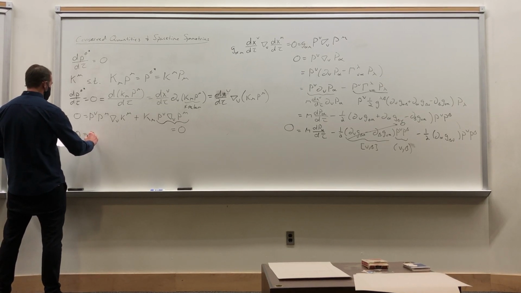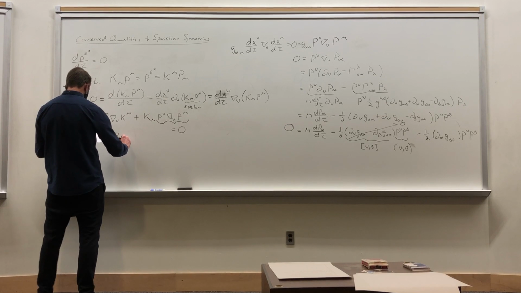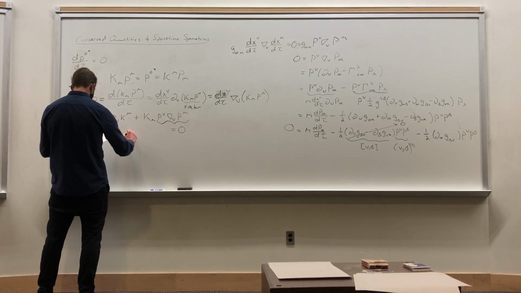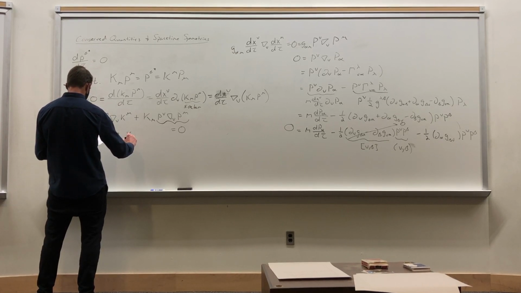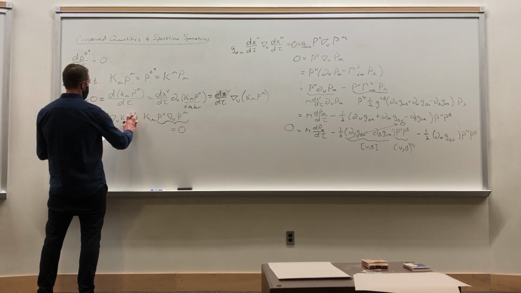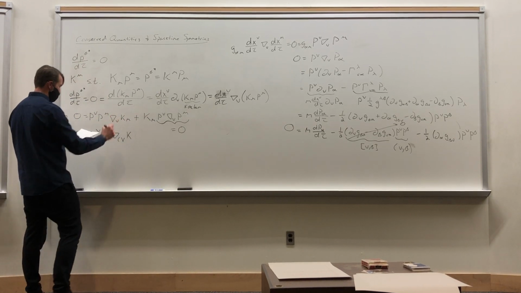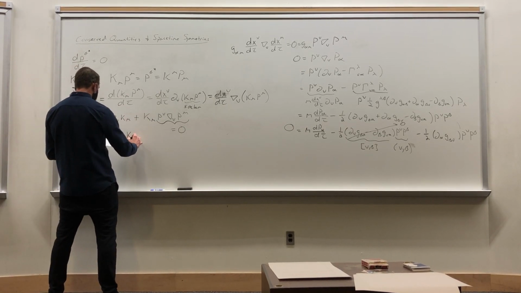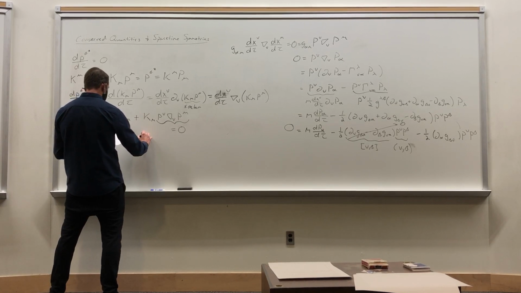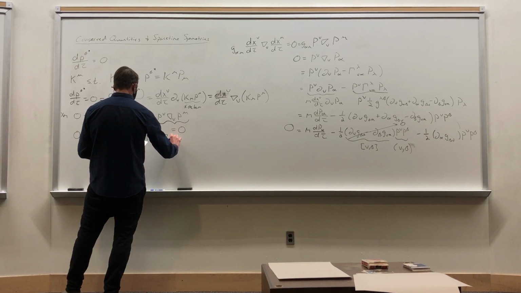So what we can argue is that p^ν p^μ times the symmetric combination of these indices, and hold on, oh sorry, this should be lower. There we go. Yeah, my bad. Okay, so times the symmetric plus this times the anti-symmetric.